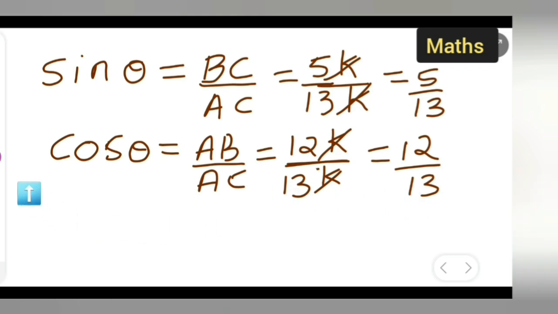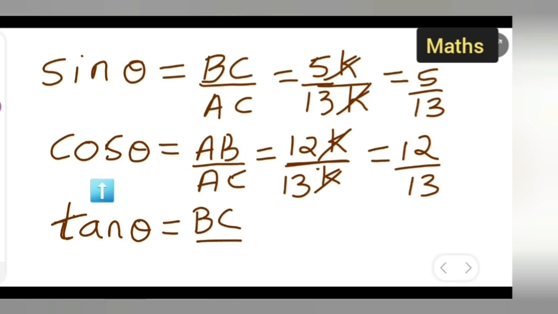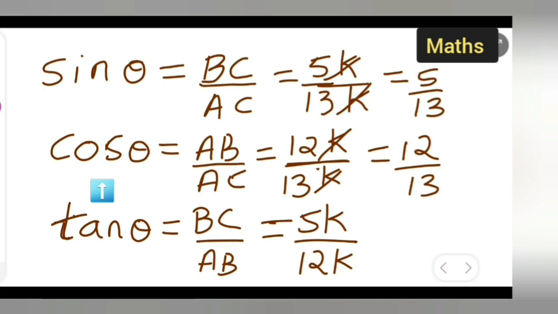Next, let us find out the tan theta. Tan theta is opposite upon adjacent. So opposite means this, BC, upon AB, which is your adjacent. I will directly write down BC upon AB, and that is nothing but 5k upon 12k, right? So k will get cancelled. I will get 5 upon 12.